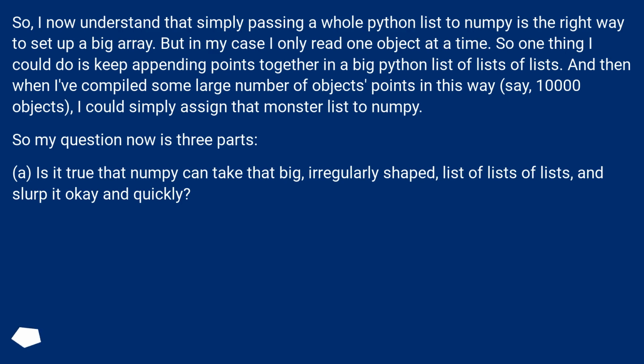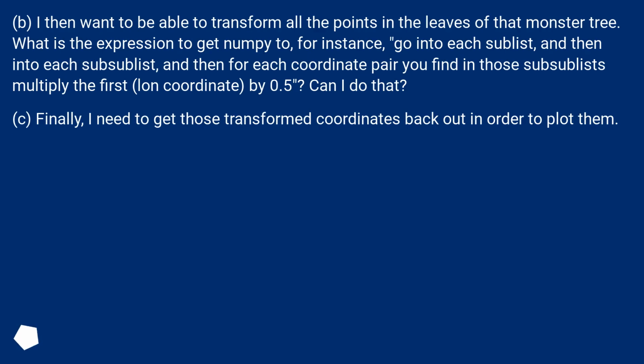So my question now is 3 parts. A. Is it true that NumPy can take that big, irregularly shaped list of lists, and slurp it okay and quickly? B. I then want to be able to transform all the points in the leaves of that monster tree.